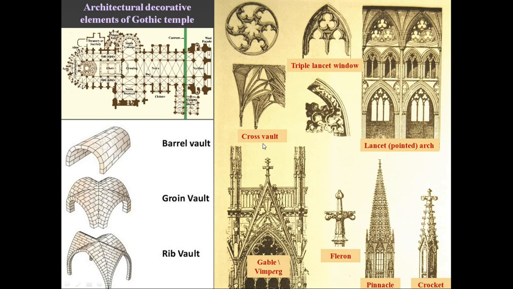We'll see cross walls like in the previous slide we have seen. Then fleurons, gables, like a fronton above the windows, above the entrances. Here is a fleuron, another example of it. Then pinnacles, crockets like this, and lancet and pointed arches. All these elements are the most typical, the most common for the Gothic period.